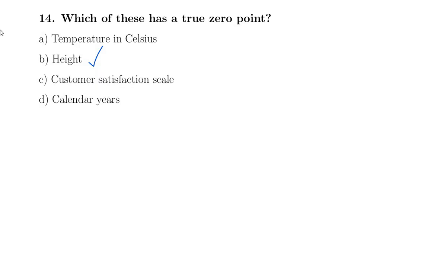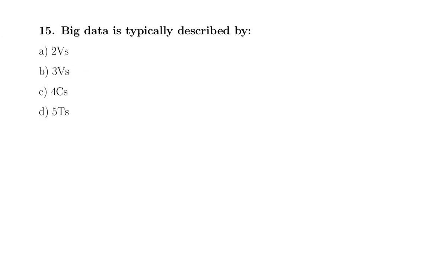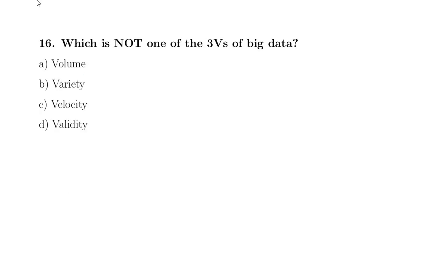That is option B. Big data is typically described by 2Vs, 3Vs, 4Vs, and 5Vs. The correct option is 3Vs. Which is not one of the 3Vs of big data?